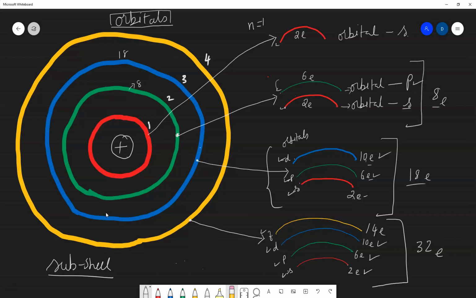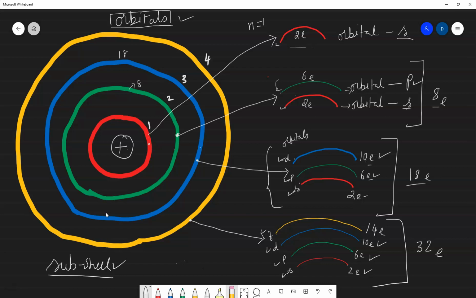To summarize what we discussed so far, we found out that the shells are made of subshells, or one more name for that is orbitals. The first shell has 1 orbital, called the s orbital.